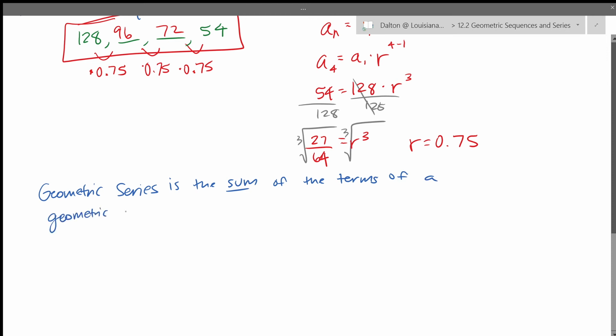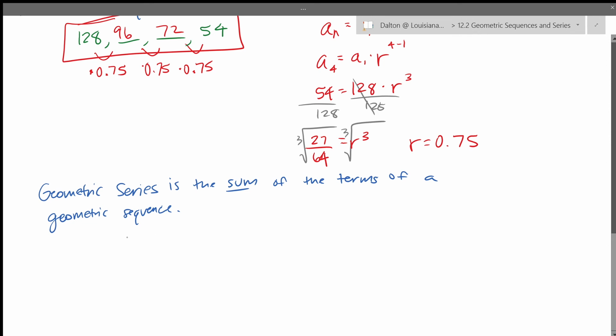Very simple. Geometric series is the sum of the terms of a geometric sequence. So the geometric sequence is still done by the common ratio that you multiply, but instead of just listing out those numbers, you add those numbers together.